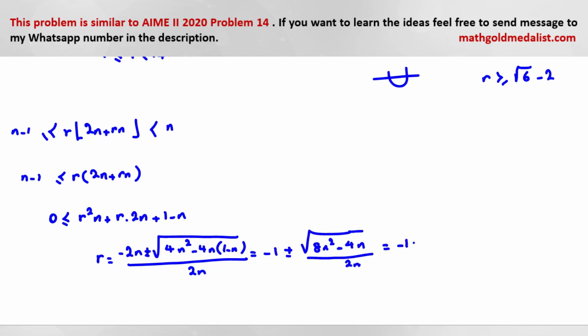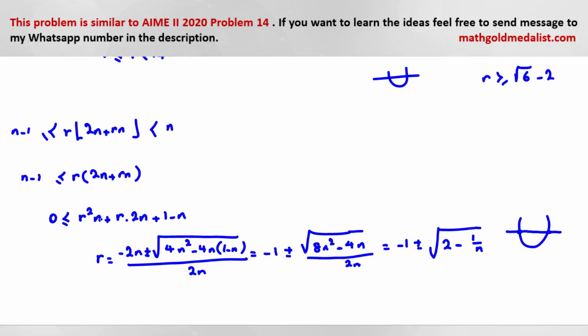So it will be negative 1 plus or minus the square root of 2 minus 1 over n. So we have two roots.